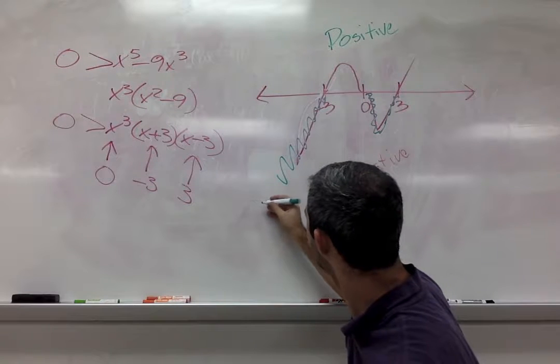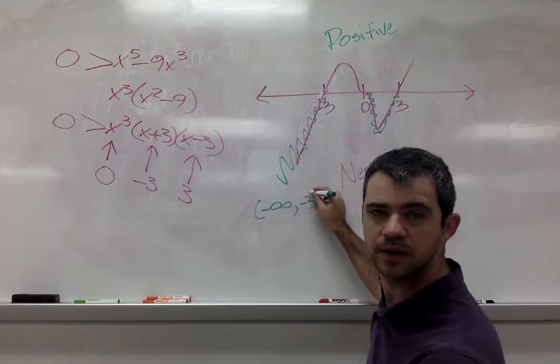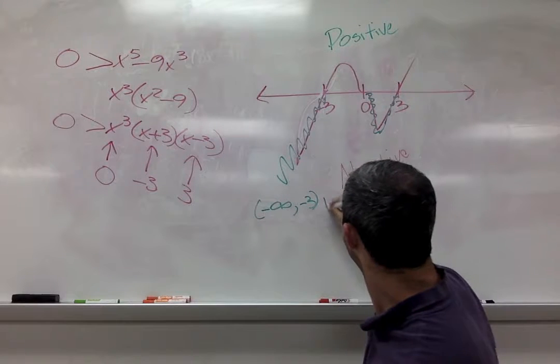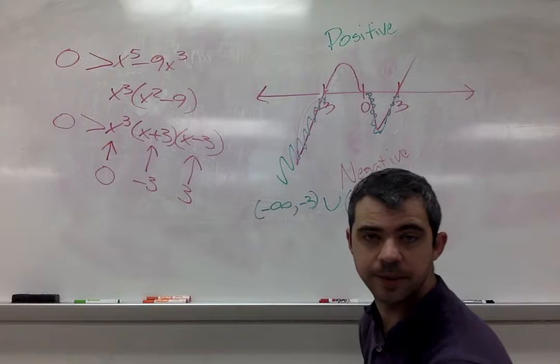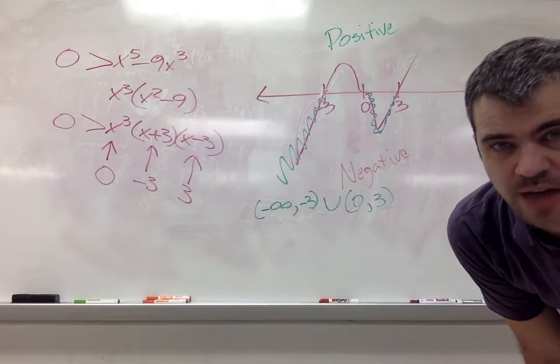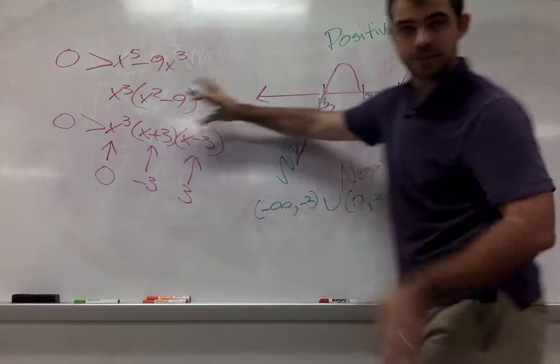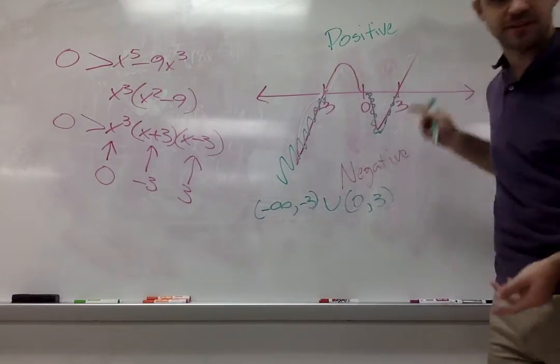So I would say, okay, anything from negative infinity to negative 3, and then the union of anything between 0 and 3. That is where this guy is negative. And again, you could skip all of this, plug it into a graph, and you'd have this right here.